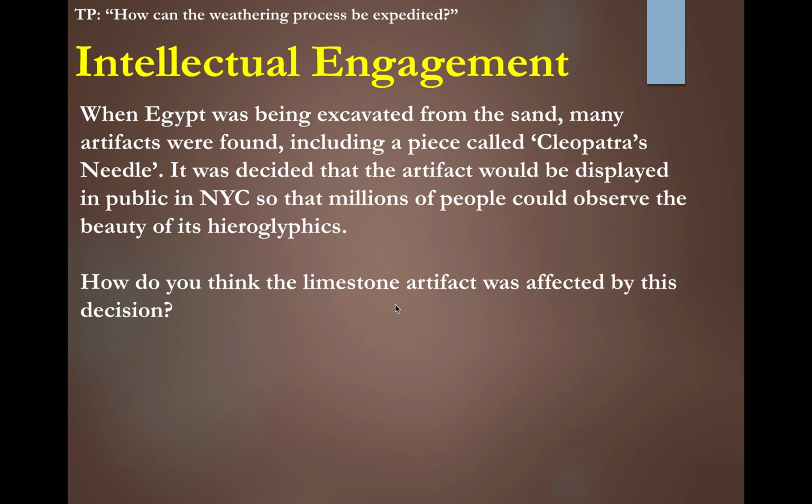In addition, in New York City during the wintertime, water can get into the pore spaces of this rock, and it can physically weather as well, in the form of ice wedging. So this ancient artifact is being chemically weathered as well as physically weathered. So is this a smart decision? It is not.